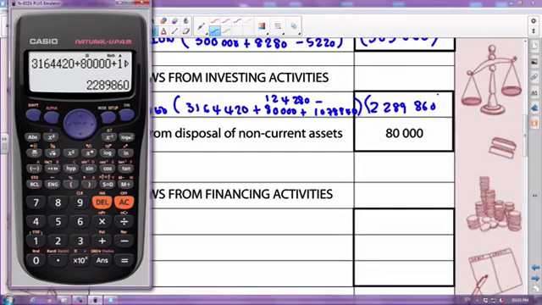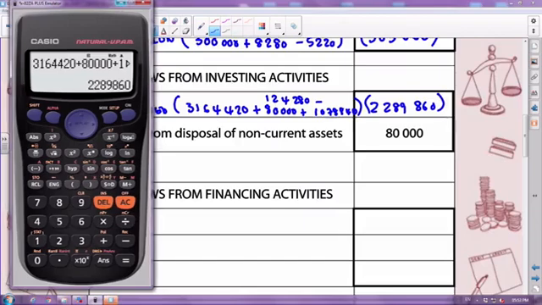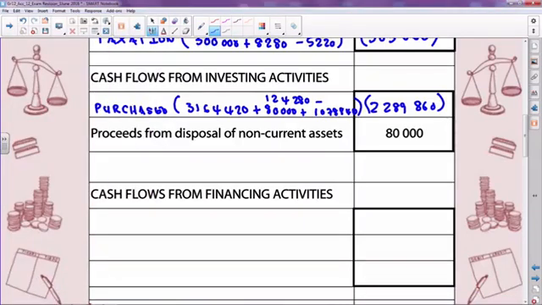Notice that's the value of the purchase of your tangible assets. Now, notice something else, that when you are working with your investing activities, it's your tangible assets purchased and your proceeds from your disposal. In this case, it's been given to you. So obviously, these two figures added together would now give you your investing activities.